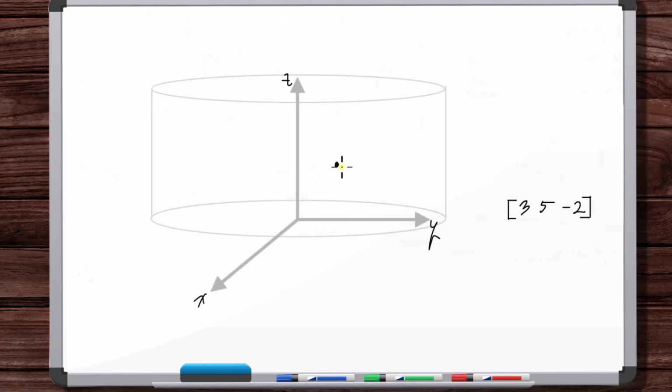Now, starting at this point, what we do is we go 3 units parallel to the positive x direction. 1, 2, 3. 5 units parallel to the positive y direction. 1, 2, 3, 4, 5. And then 2 units parallel to the negative z direction. 1, 2.